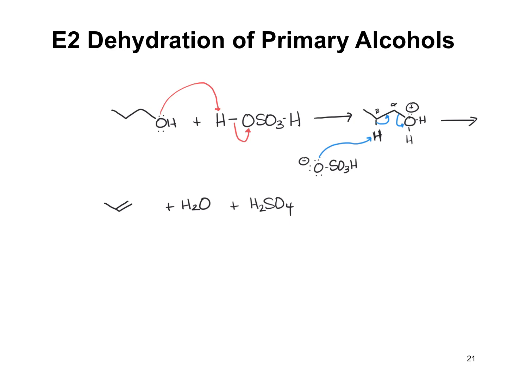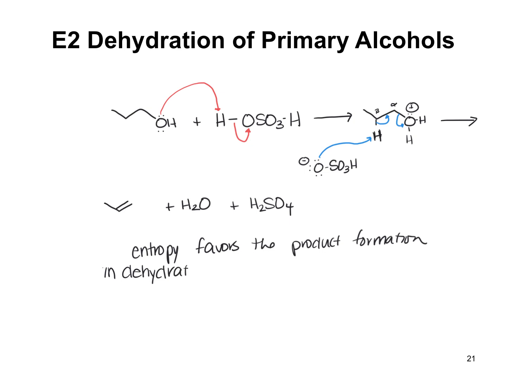Now, I want to point something out here. Entropy favors product formation in dehydration, right? So entropy favors the product formation in dehydration, since you have one molecule of reactant right here forms two molecules of the product.